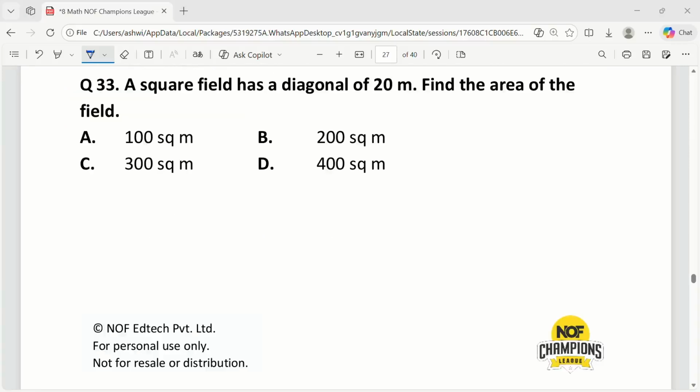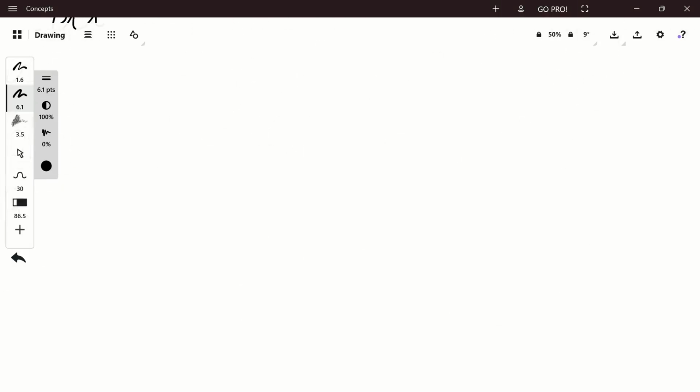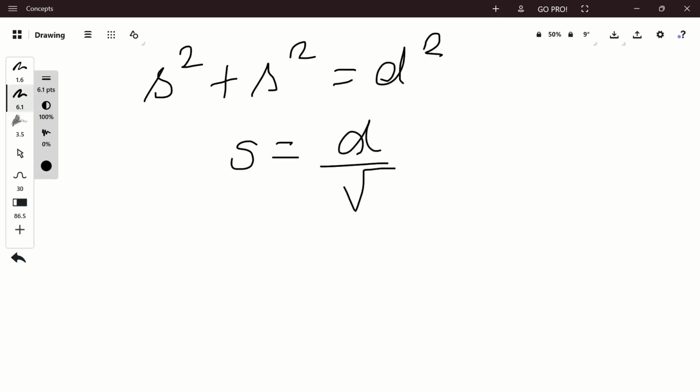A square field has a diagonal of 20 meters. Find the area of the field. The relation between the diagonal and the sides of a square is given by s square plus s square is equal to d square, which simplifies down to s is equal to d upon root 2.